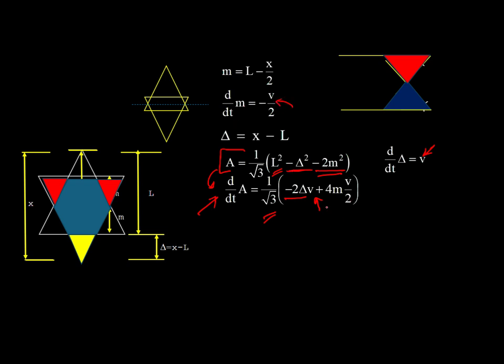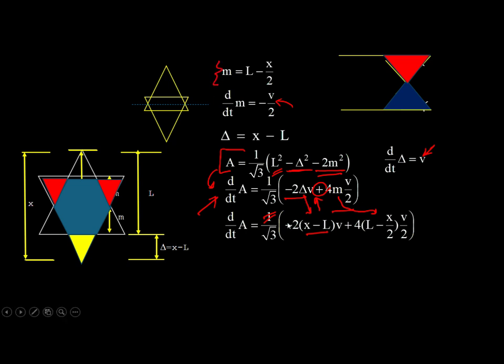So there are two negatives which make it a positive, 4m v by 2. Then I'm simply putting the value of delta as x minus L, and the value of m as L minus x by 2. And this is the expression for dA by dt.